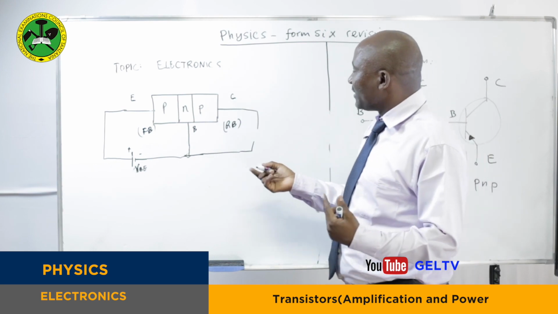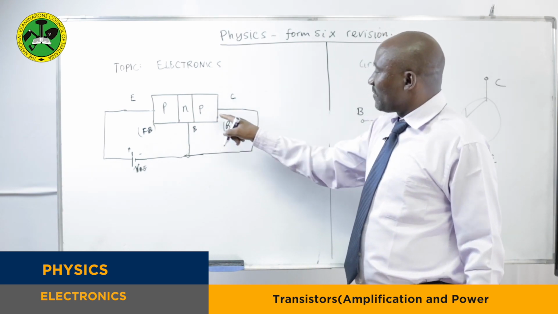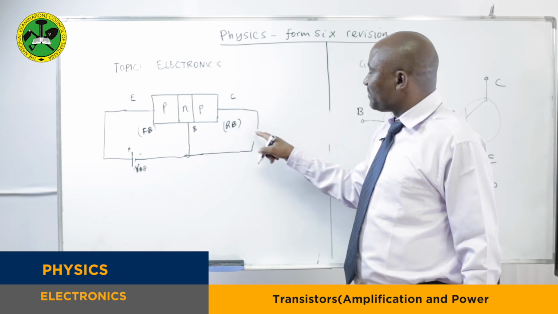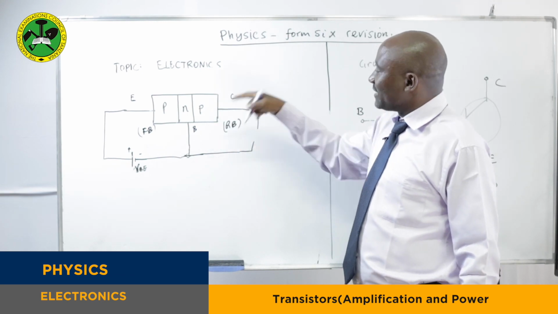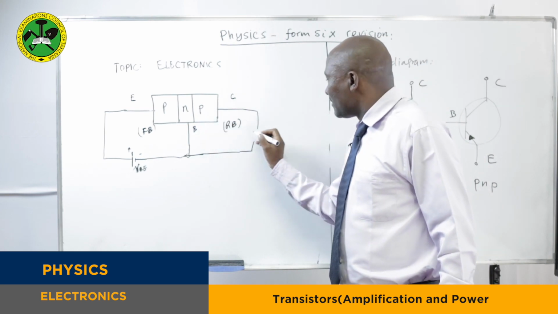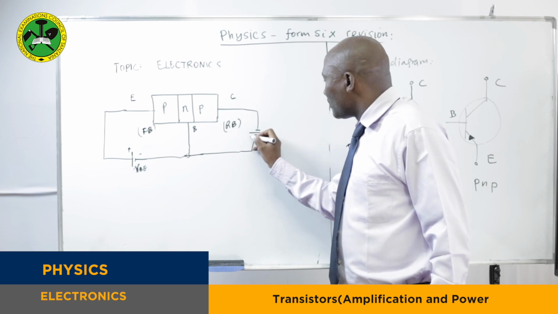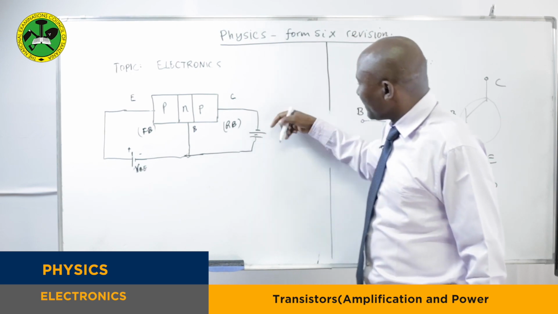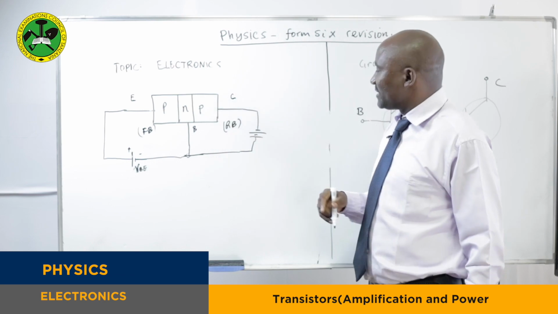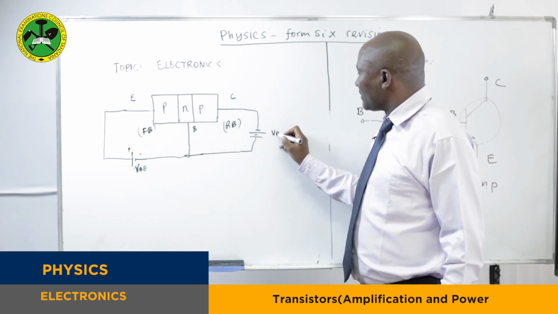On the other side, reverse, the positive terminal of the power supply should be connected to the negative, and the negative to the positive. Here, if this is P, we must have the negative terminal here. This is a negative, this is a positive, and we shall see the reason why we're doing this. The voltage here should be greater than that.